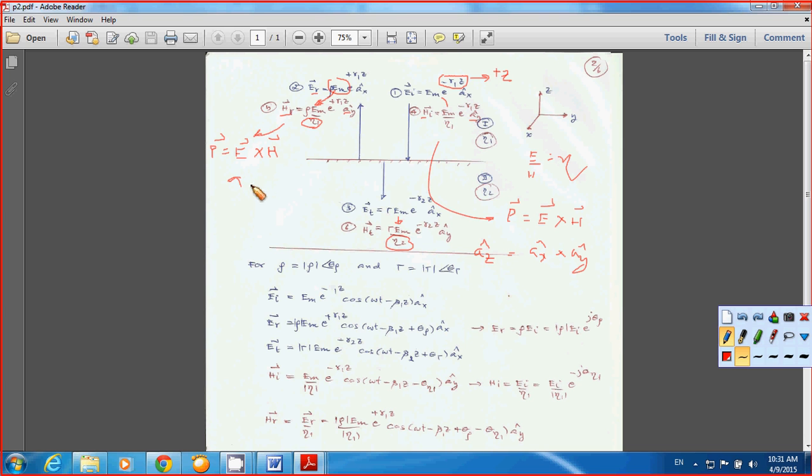Still X. So you put AX here, and you cross H. You have to end up with P, which becomes a negative AZ, right? Because it's reflected back. So this one has to be negative AY to end up with negative AZ. So I should have the negative sign here. Alright, sorry for my mistake.